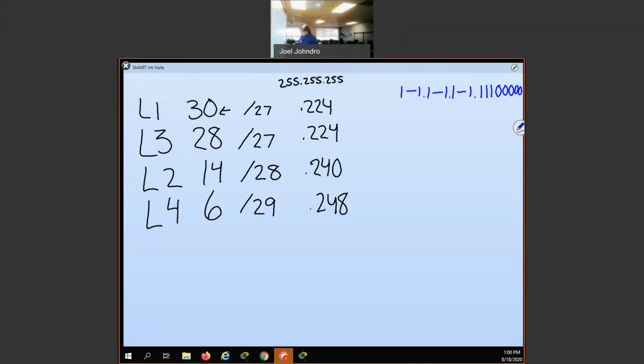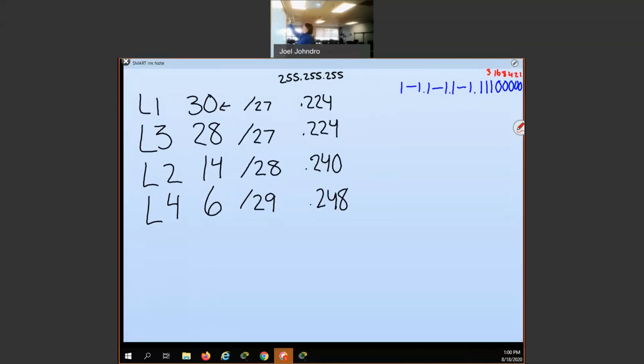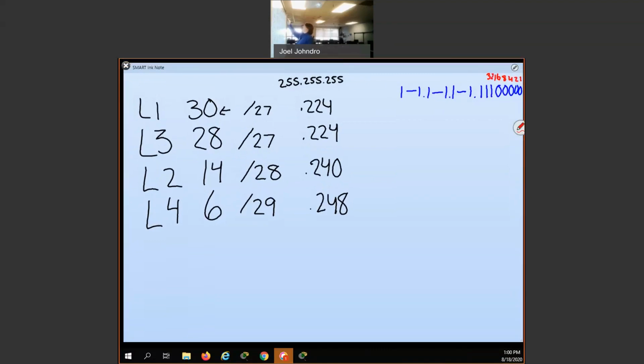We put our placeholder values above this. 1, 2, 4, 8, 16, and 32. 32 is our magic number there. It's the value above the last one. So we know this network has 32 IP addresses.